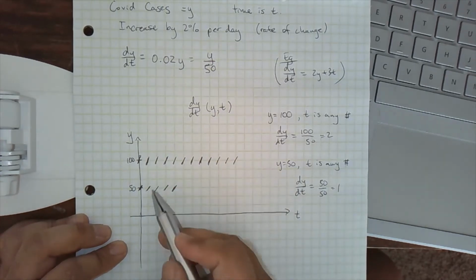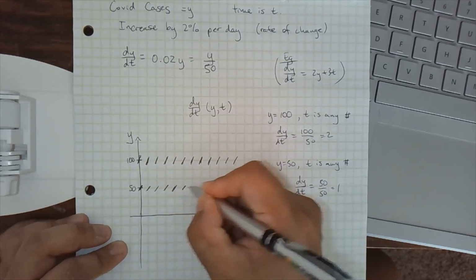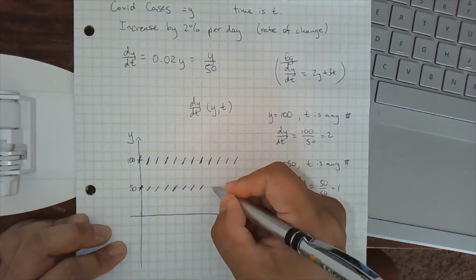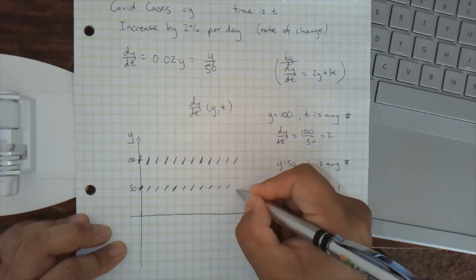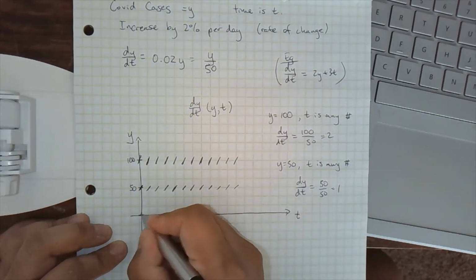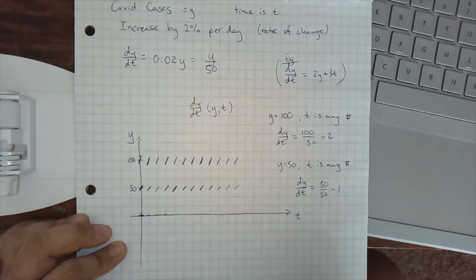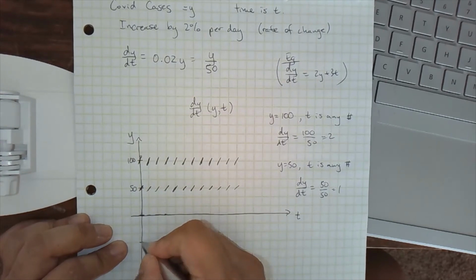Doesn't have to be super accurate. 1 is about 45 degrees, or for sure less than 2. Okay, and then certainly at y equals 0, we'd have slopes of 0. Okay, so I won't draw all these, but these are slopes of 0, and then we can go negative.